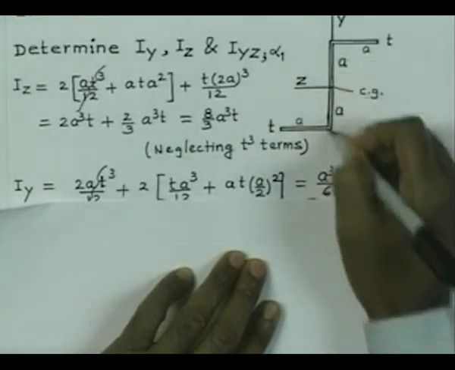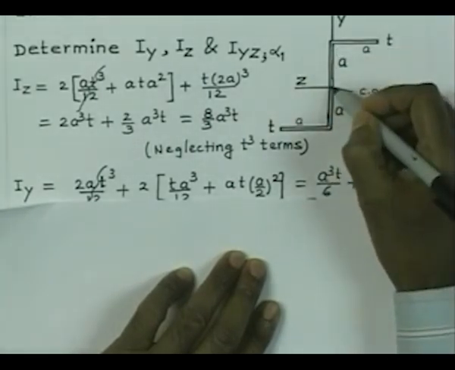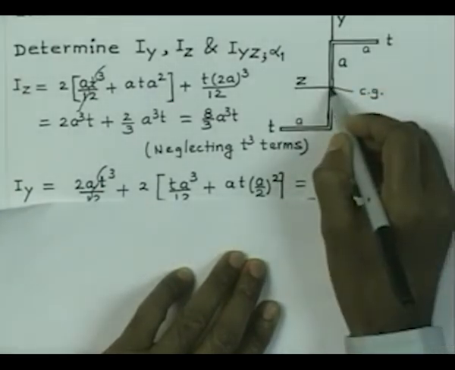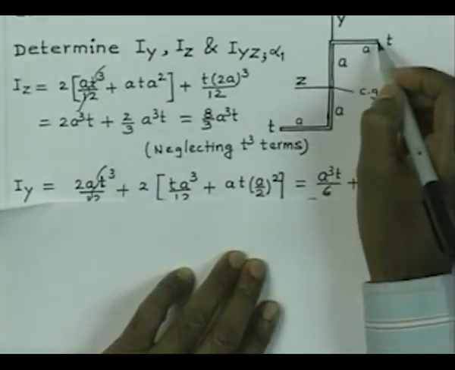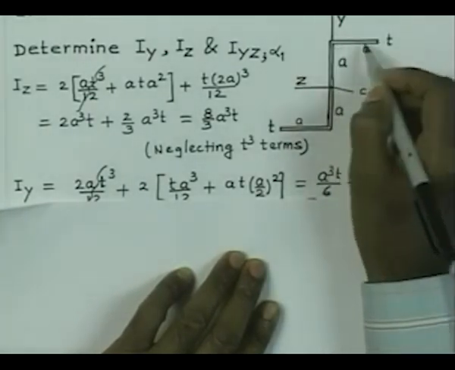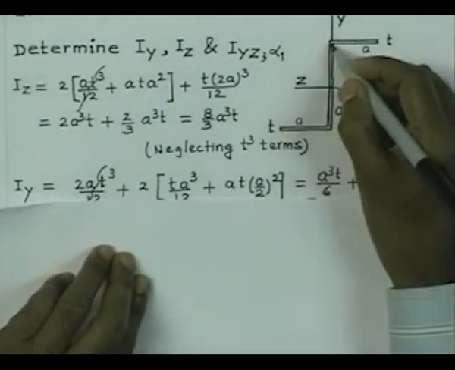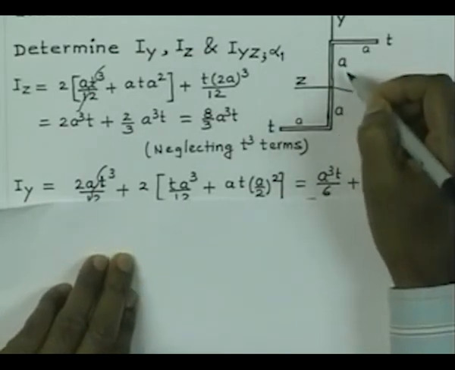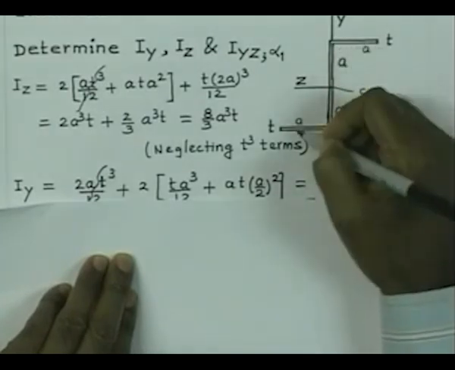Similarly, for this segment I can write the area multiplied by the C g coordinates with respect to the origin of the whole cross section, or the C g of the whole cross section, and so is the case for this segment also. We can consider the area multiplied by the coordinate of the C g of this segment. Now, obviously, this portion is having C g which is coincident with the origin, therefore, that does not contribute anything. So, we are going to get only contribution from this flange and this flange.